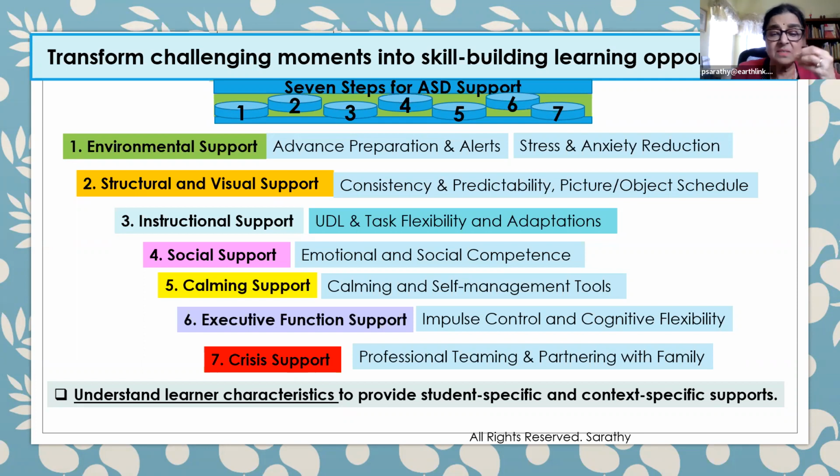Despite all this, if there is a crisis, how do we make sure we have a team approach and also include and partner with the family? But underlying all of these supports, we have to make sure we have a good understanding of the distinctive characteristics of the student with autism spectrum disorder.